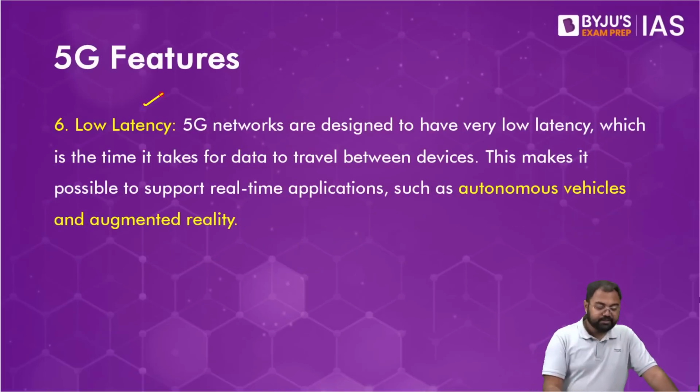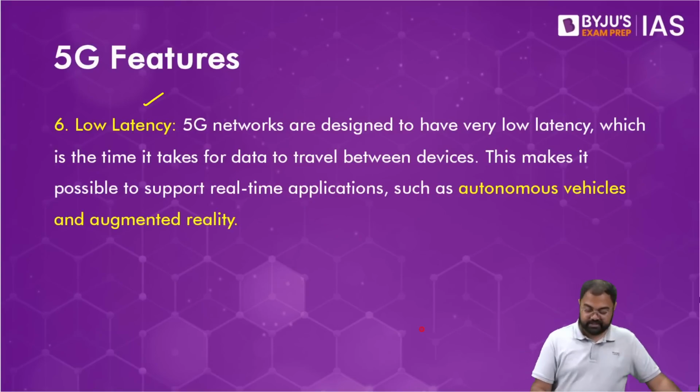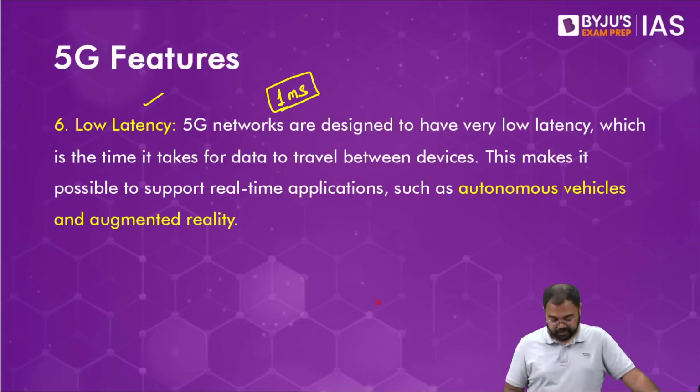Then latency is low, as we discussed, because of edge computing and other activities. And we see that the latency can be as low as just 1 millisecond when it comes to 5G networks.